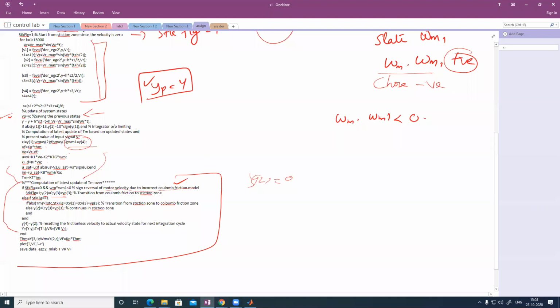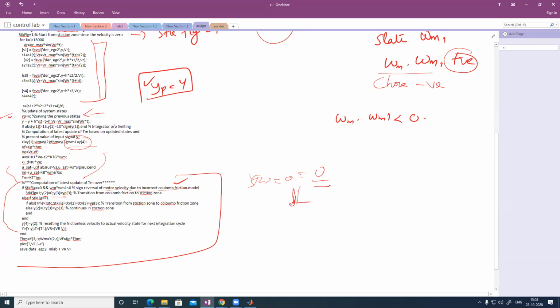And else if the stick flag is 1 and the absolute value of Tm is greater than T stiction, then make the stick flag 0, and y of 2, that velocity part, you have to make 0, and y3 is equal to y of 3 p. That is, you are transiting from the stiction zone to the Coulomb friction zone.